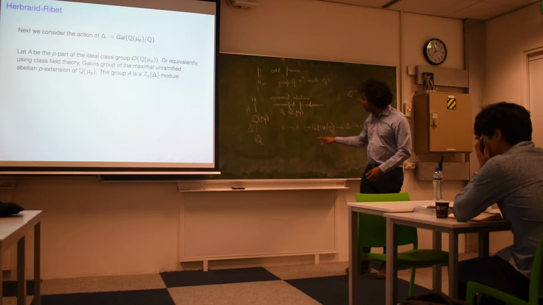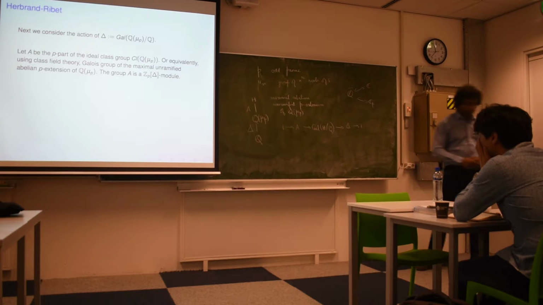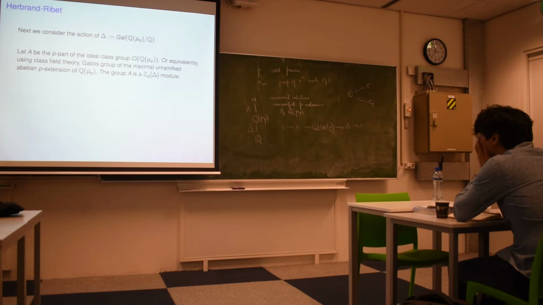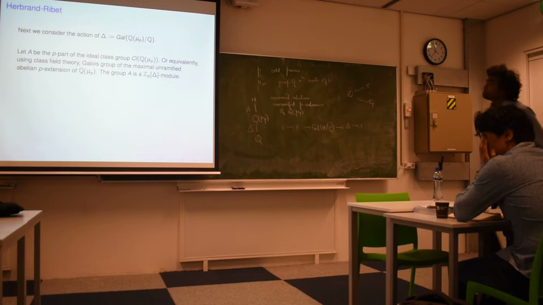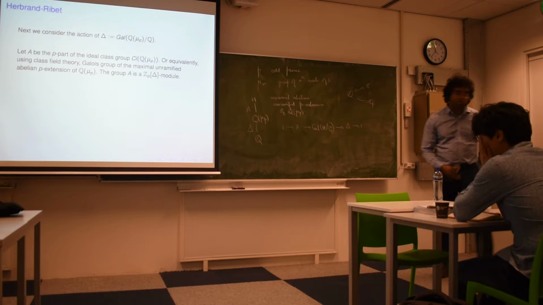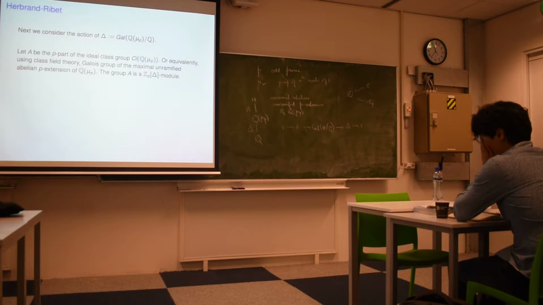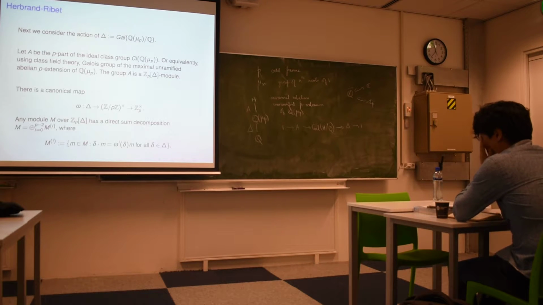This action is independent of the lift because A is abelian. So we consider it as a module over Z_p[delta]. It's a Z_p module and a delta module, so we look at it as a module over this group ring.